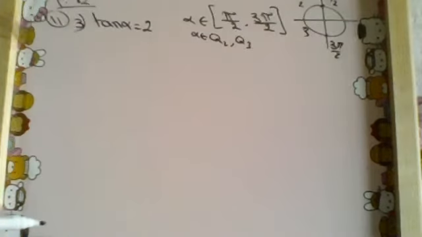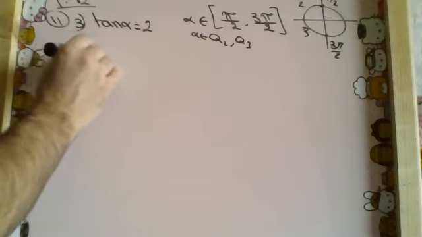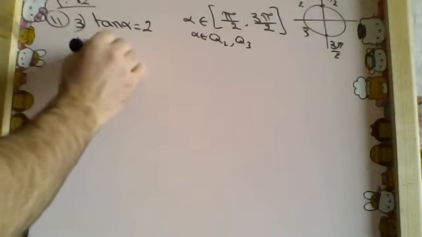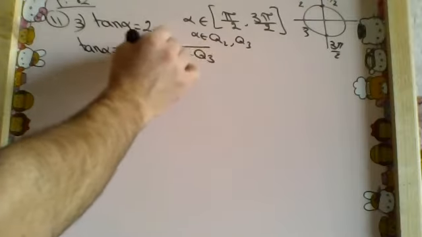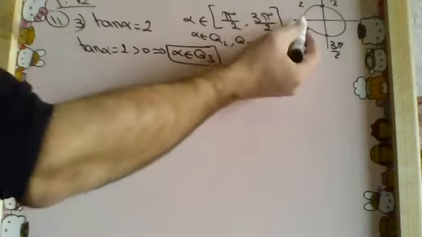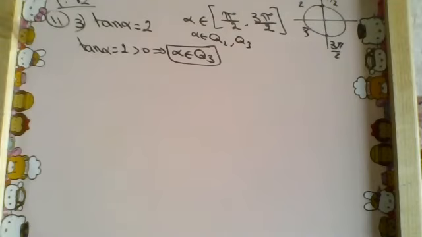But tangent alpha is equal to 2, which is greater than 0, which is positive, so alpha belongs to quadrant 3. Now, in quadrant 2, tangent is negative.